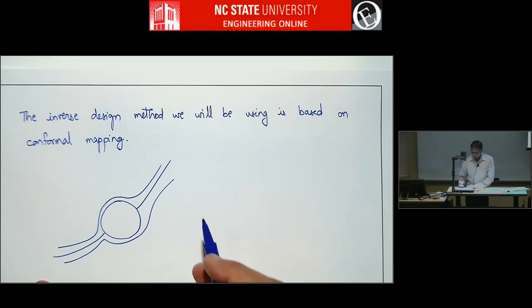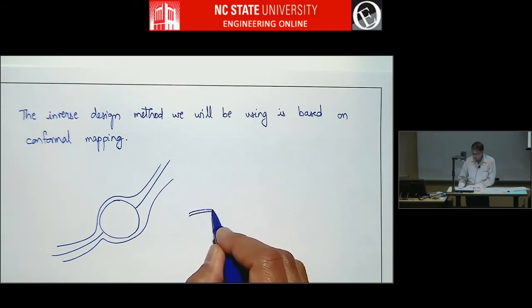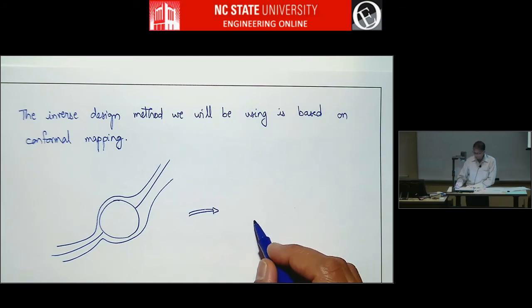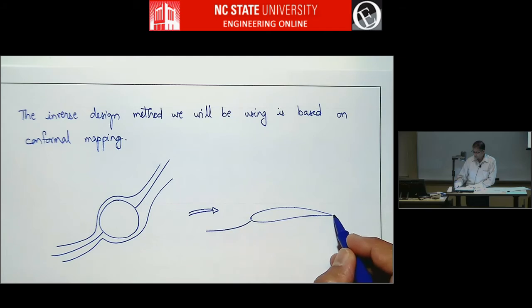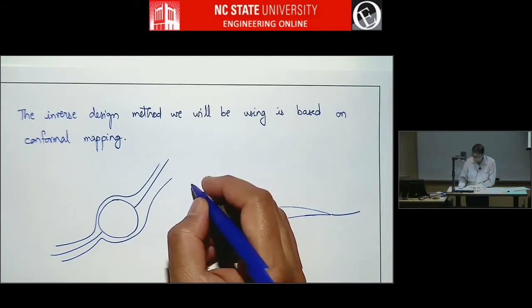In conformal mapping, this kind of flow is known really well. We have the analytical solution for this. What happens is this flow is mapped using some complex variables and transformation to the flow around an airfoil.